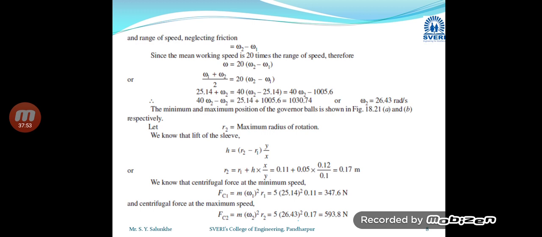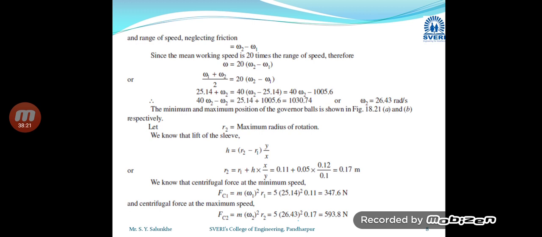Now we are interested in calculating r2. So r2 will become r1 plus h multiplied by x divided by y. Here we get 0.11 plus 0.05 multiplied by 0.12 divided by 0.1. So the r2 value is 0.17 meter.